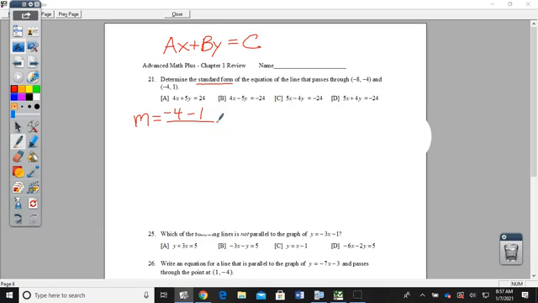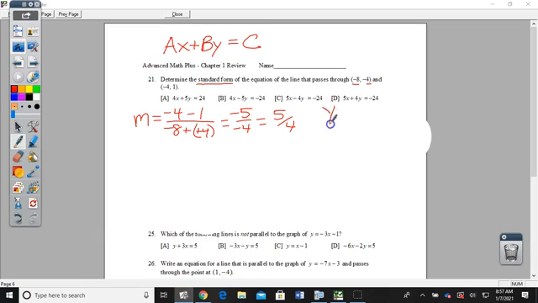Since I picked -4 first on top, what do I need to pick first on bottom? -8. Okay, -8 minus -4. That is -5 over -4, isn't it? My slope is 5/4. Everybody good?